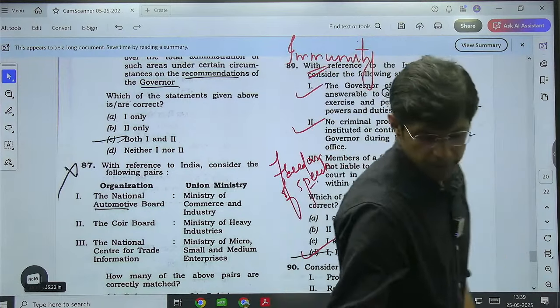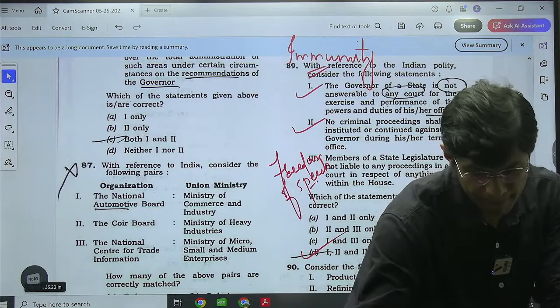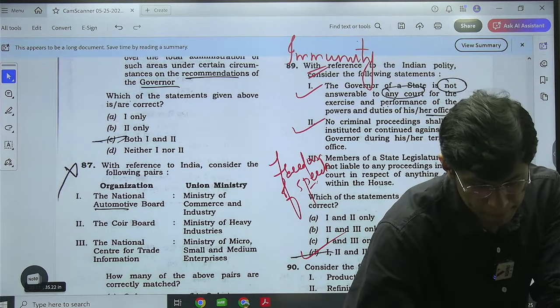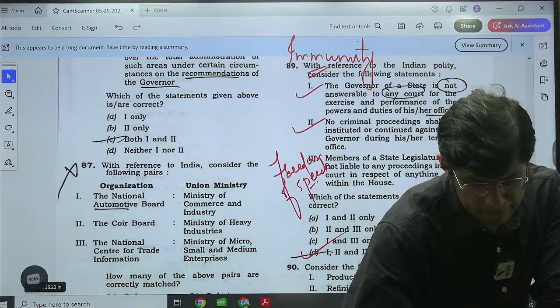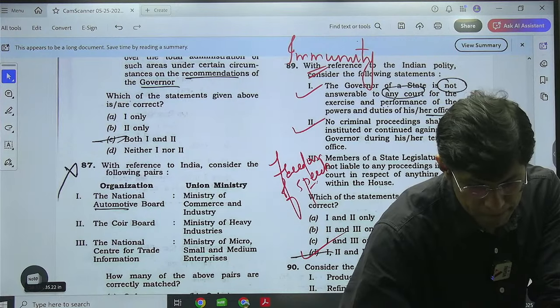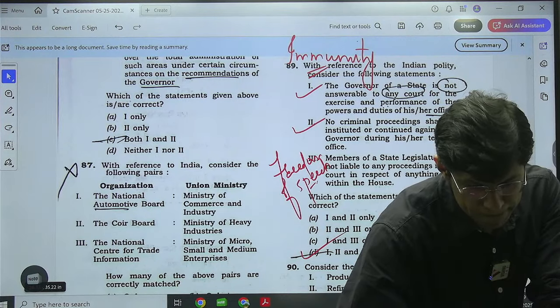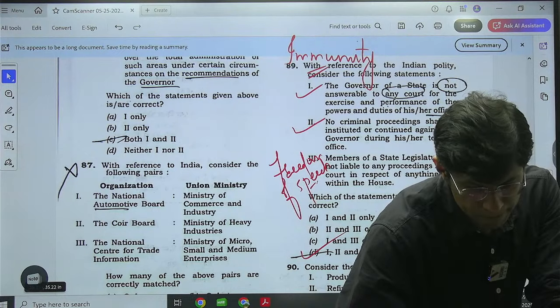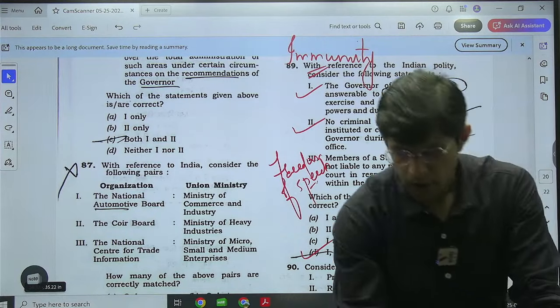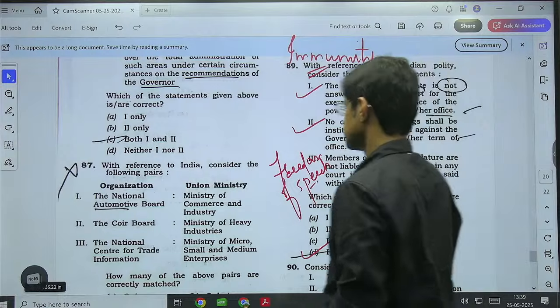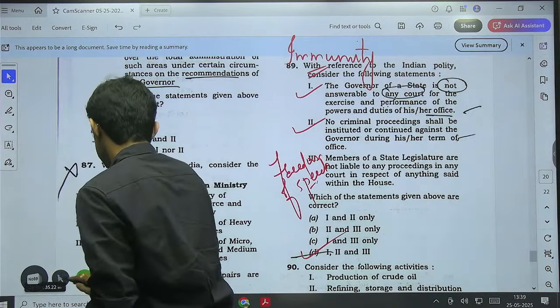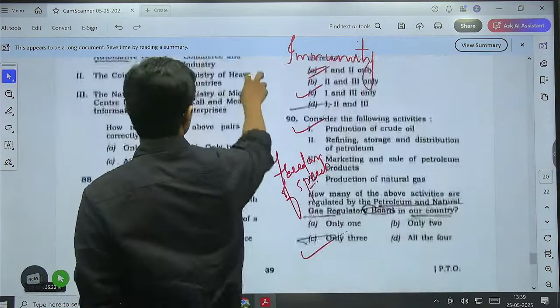Question number 90. Okay, I guess this is the last question from Indian Polity.